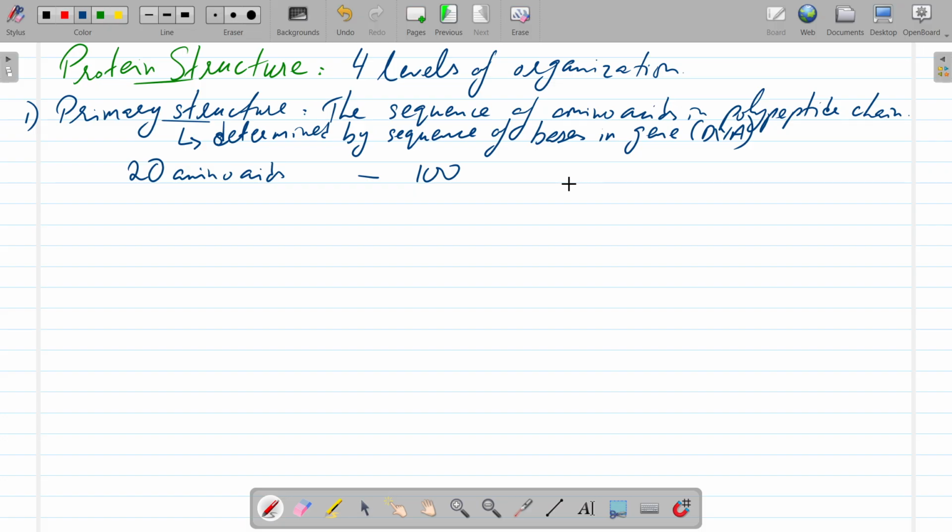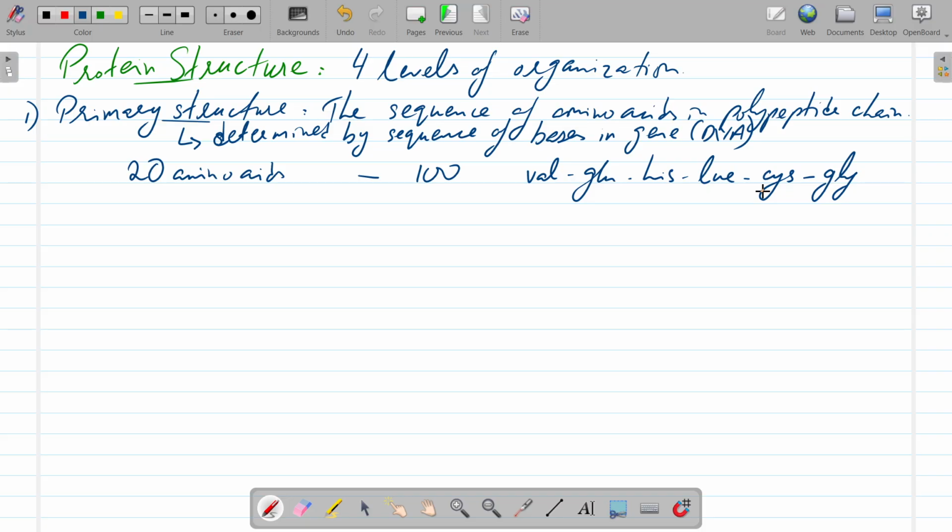Take, for example, 6 of these amino acids. These are the codes for the amino acids.